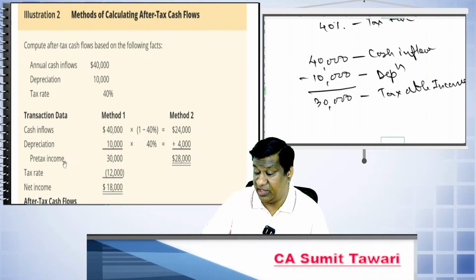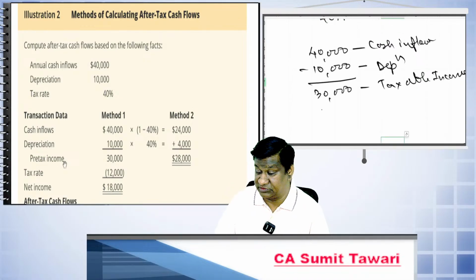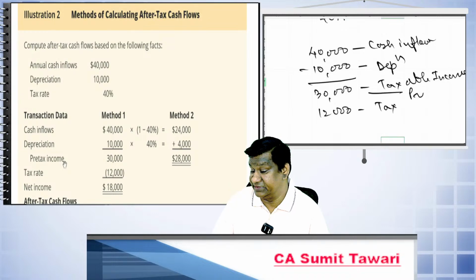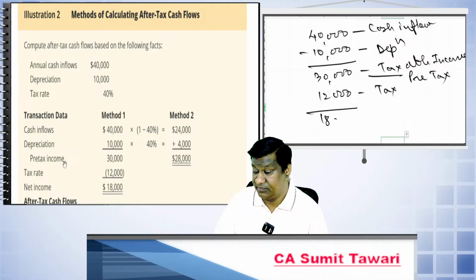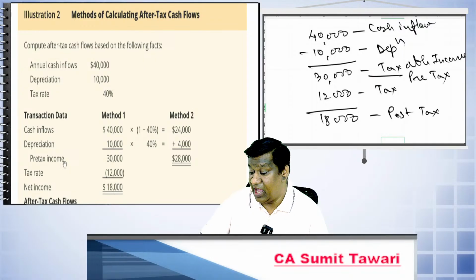I need to pay the tax at 40%, so it is 12,000 tax. So my post-tax income is 18,000.